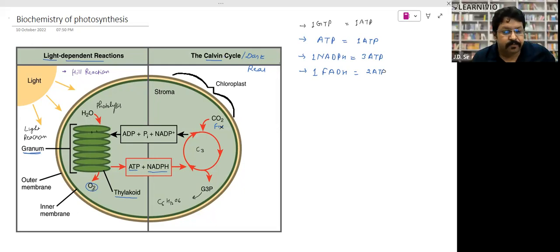Okay. So in this reaction, oxygen, ATP, and NADPH are produced. These ATP and NADPH are consumed by the dark reaction, or C3 cycle. What is the C3 cycle? The fixation of carbon dioxide: carbon dioxide gas is fixed and converted into some solid substance that is called food, right?